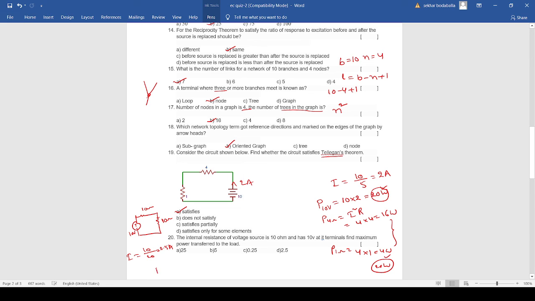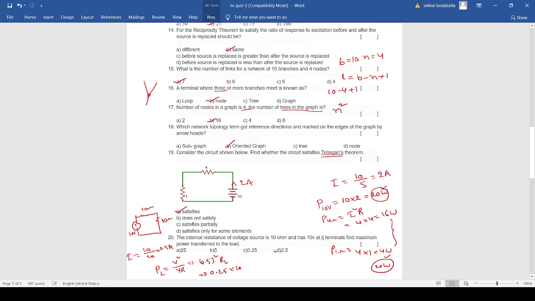So if I want to find the maximum power, P is equal to V square by 4 RL, you can do it directly, otherwise you already know the current. So I square into load resistance RL, if you do that, you will get the maximum power. So 0.25 into RL, how much? 10.